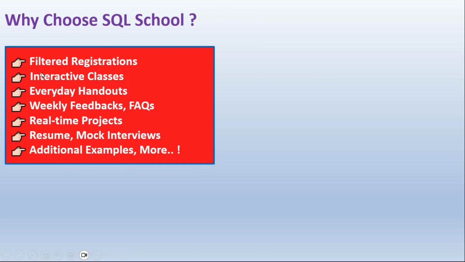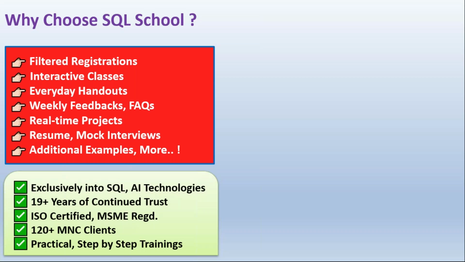I want to have interactive classes with everyday handouts, weekly feedbacks, real-time project, and more. So let's make sure we place the subject in careful, happy hands. Filter registrations. I want interactive participants only, please. So that our subject goes in a correct, nice way.